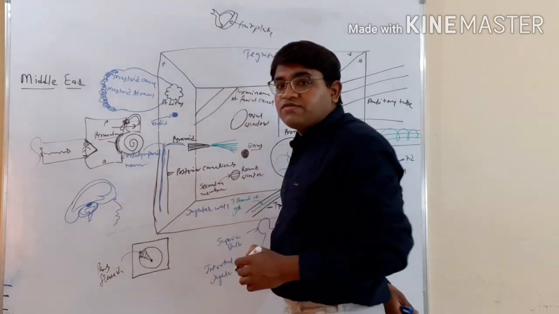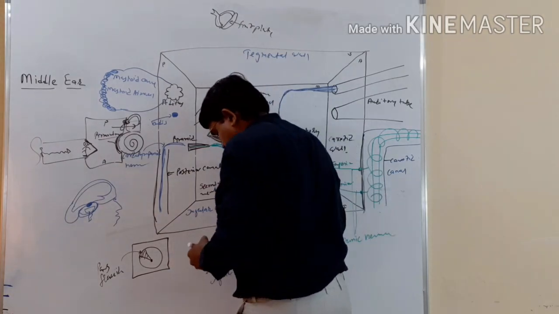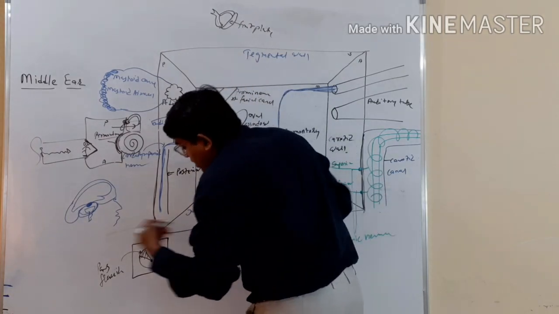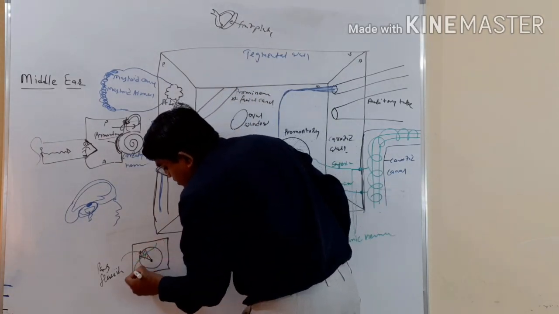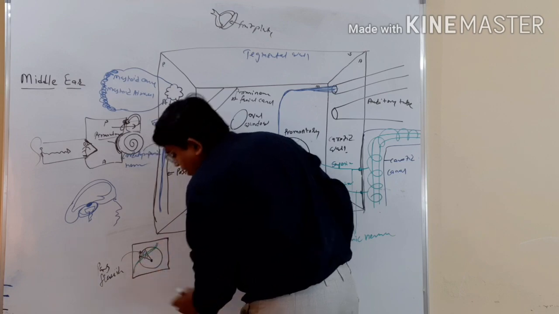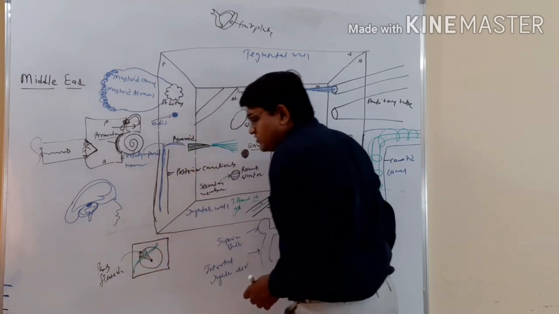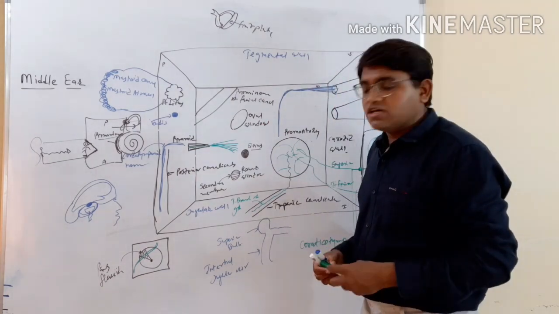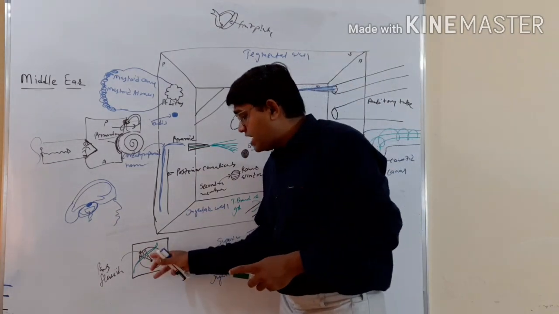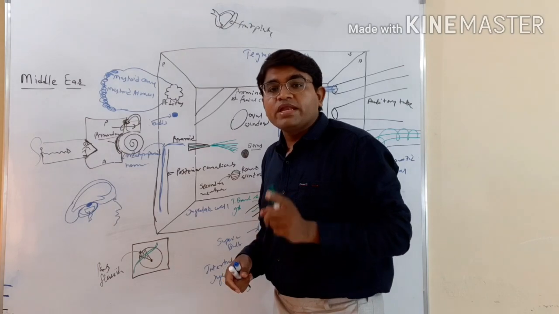Opposite to this pars flaccida, the chorda tympani passes out from this area. So the pars flaccida, on its internal surface, is in relation with the chorda tympani nerve.